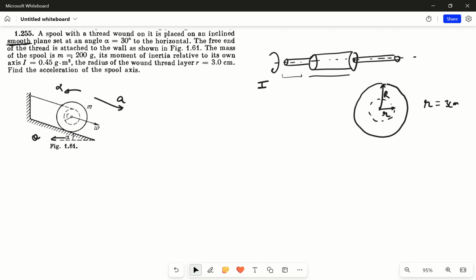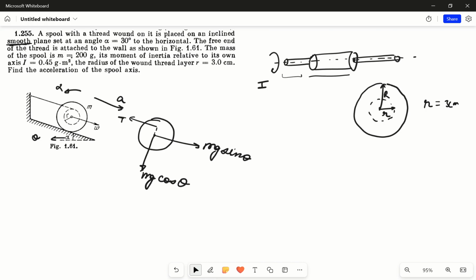As you can see, the forces acting on the spool are first of all the gravitational force, that is mg sin theta in this direction parallel to the inclined plane, and mg cos theta perpendicular to the inclined plane, and another force would be tension, right?